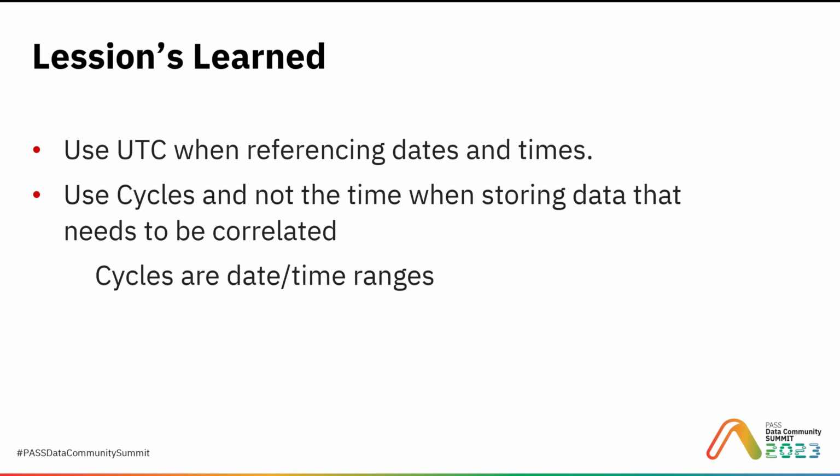Afterwards in a query, I can group by that cycle ID. I can just join to that cycle ID and get the begin time or the end time of that cycle. It's like, I don't care if the backup was done at 9 p.m. or at 9:01 or at 9:01 and 3 seconds.